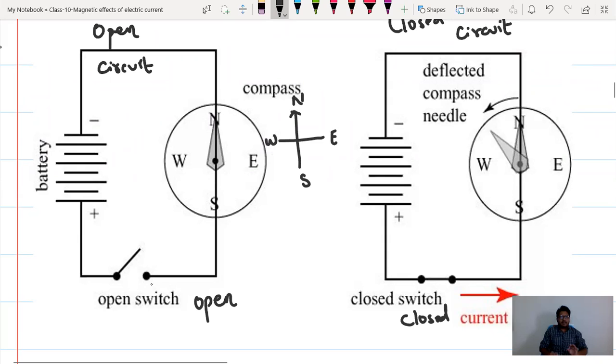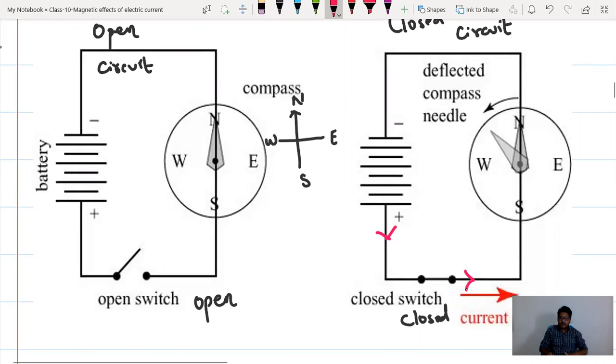Now if there is no power, if there is no current in the circuit, the compass needle will show the direction of north and south only. That is the default direction of a magnet. When the switch is closed, current will pass. We know the direction of current is from positive to negative, like this.